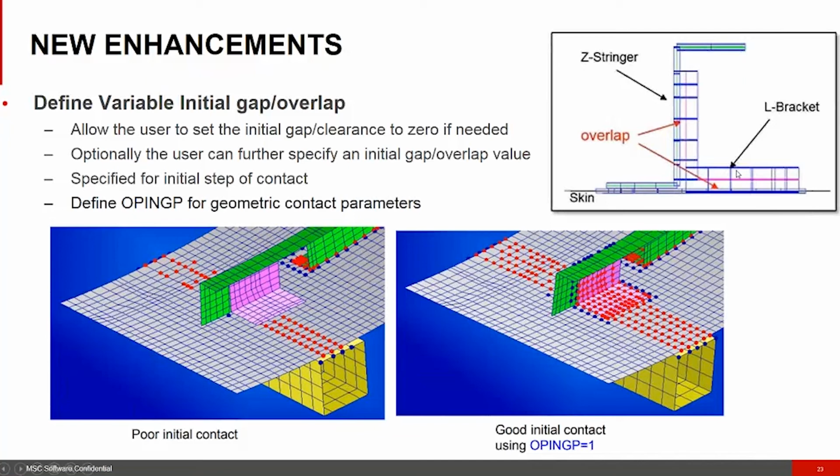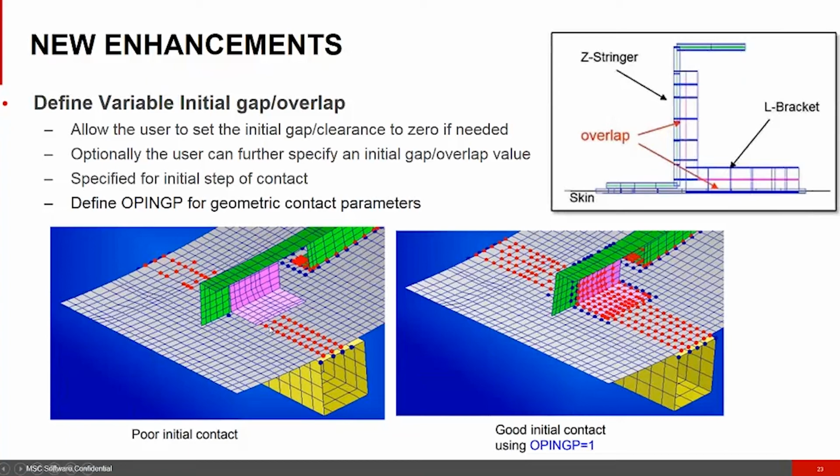For example, here, the thickness on the L bracket is much higher, and we see some penetration and some overlaps. So that's why it's important to use the variable initial gap overlap parameter before running the analysis. You can see how it improved the contact status on the right-hand side lower image. The contact status is much better in comparison to when we did not define this parameter.